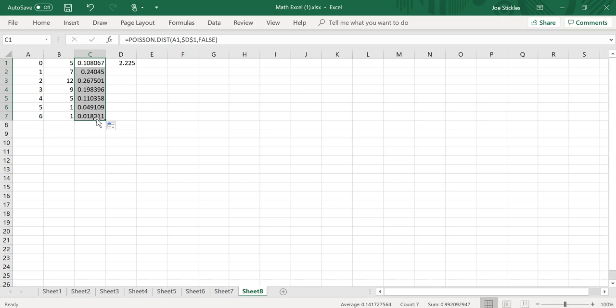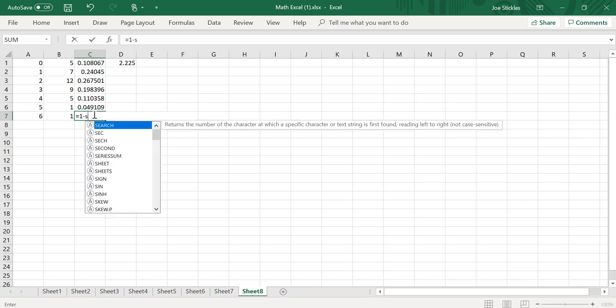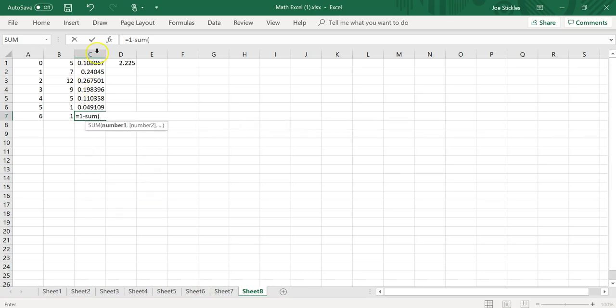I don't want to necessarily compute the probability that it's actually equal to 6, right? I want 6 or more. Even though that's the last data that we're given, I know that the end of it is kind of the Poisson tail, right? So what's probably better to do, instead of computing it this way, is changing this to 1 minus the sum of the previous ones, doing the complement here.